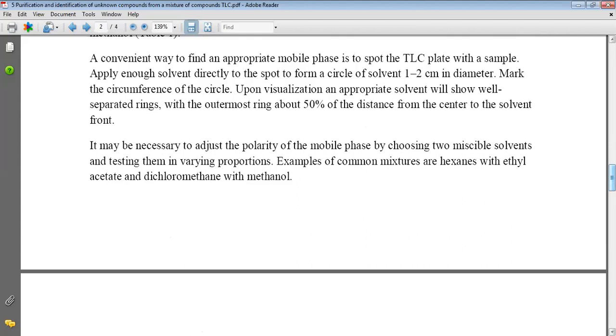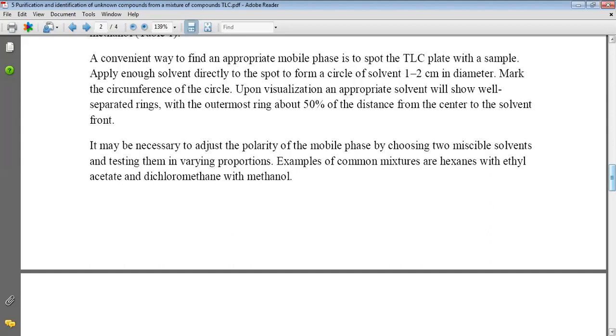Apply enough solvent directly to the spot to form a circle of solvent 1 to 2 centimeters in diameter. For visualization, we look at the rings formed at 50% of the distance from the center to the solvent front. We get separate rings, and then it may be necessary to adjust the polarity of the mobile phase, choosing two miscible solvents and testing them in varying proportions.